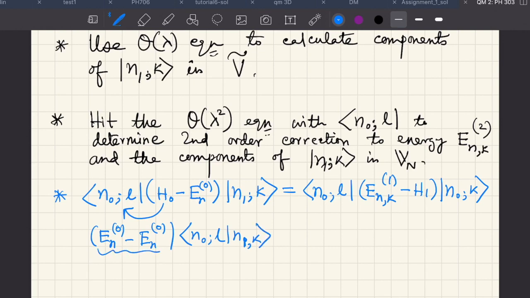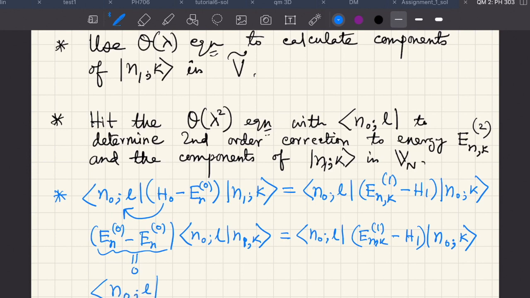So the left hand side is going to give us 0, and the right hand side is still n naught L (E n^K 1 minus H1) n naught K. So our equation here now becomes a little bit simpler. Let us take this H1 on the left hand side because the left hand side anyway is 0.